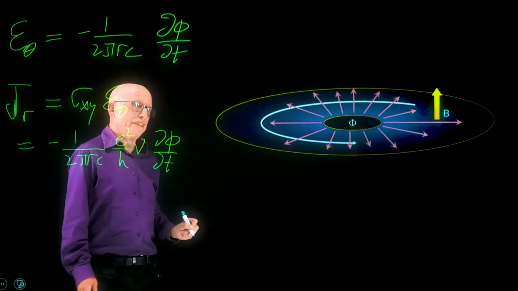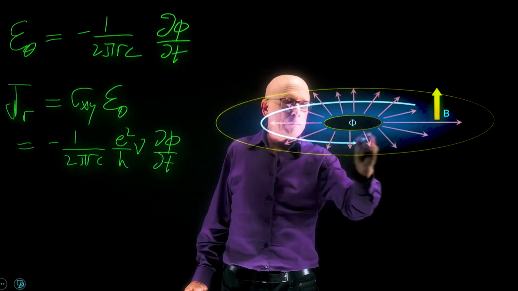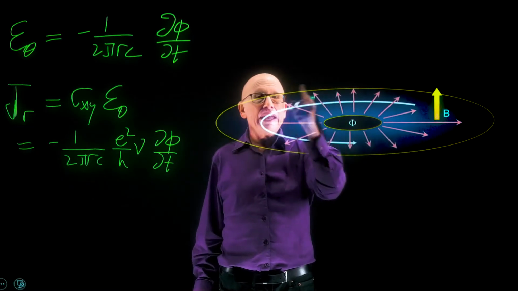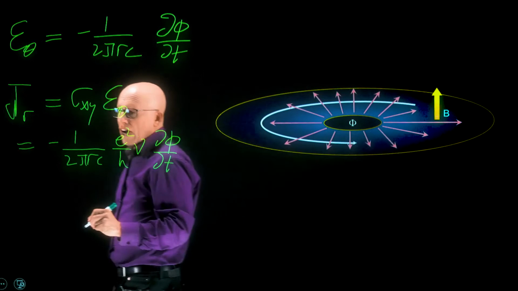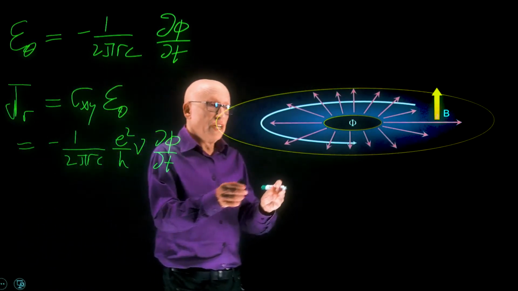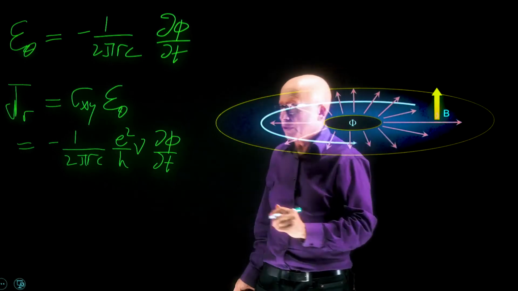That's the radial current. Now, out of that radial current, there will be a depletion of the charge here and an accumulation of the charge here. And we can calculate how much charge goes out of the inner edge and into the outer edge.